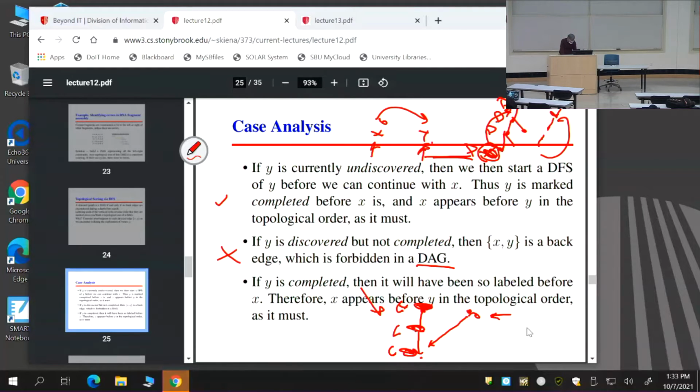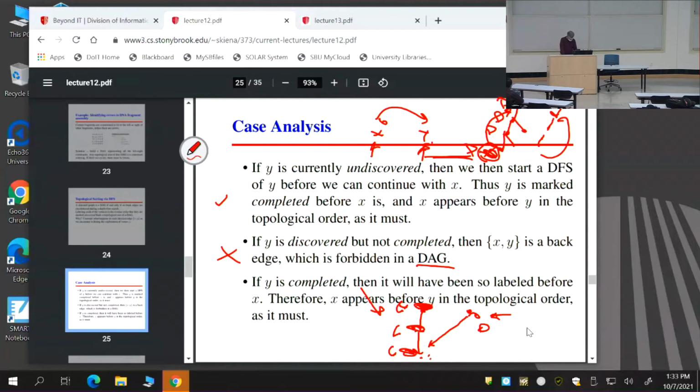Here was another vertex that wasn't reachable from the root. If we start our search now from here, remember, just like with connected components, we're going to go through all the vertices of the graph. If this vertex was still undiscovered when we do a search like that, this means that this vertex has to be to the left of that vertex.